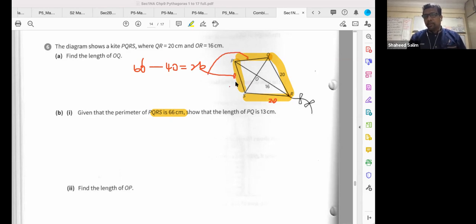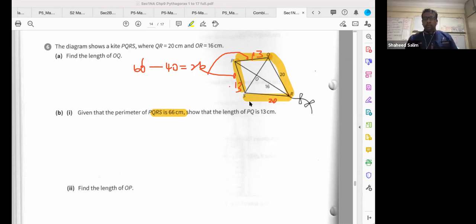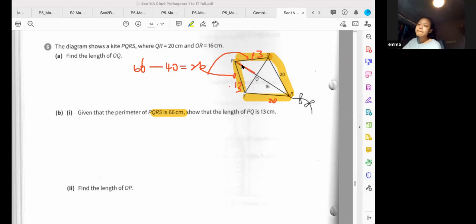So 26 divided by 2, you get 13. Why? Those two are the same. That's what a kite is. Can you find the length OP? Again, 5. Okay, well done.